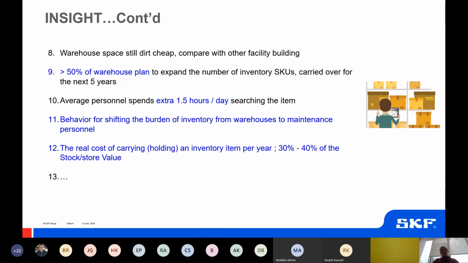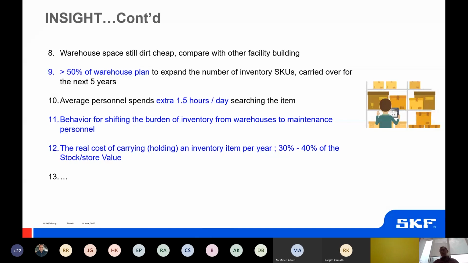The number 12 is also quite interesting: the real cost of carrying or holding an inventory item per year, 30% to 40%. I got this number from Terry Wireman's book, but usually I use 20% to 25% as a reference.